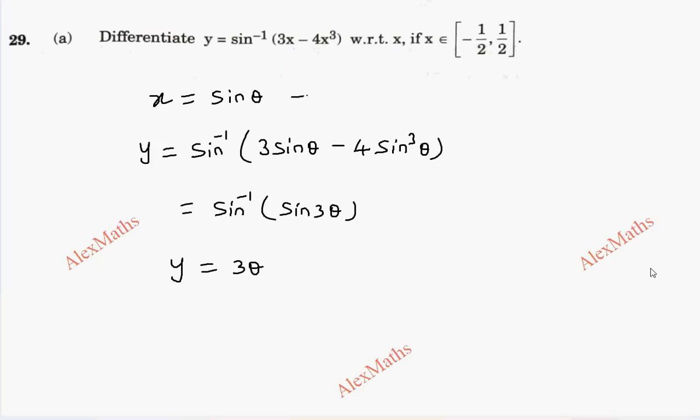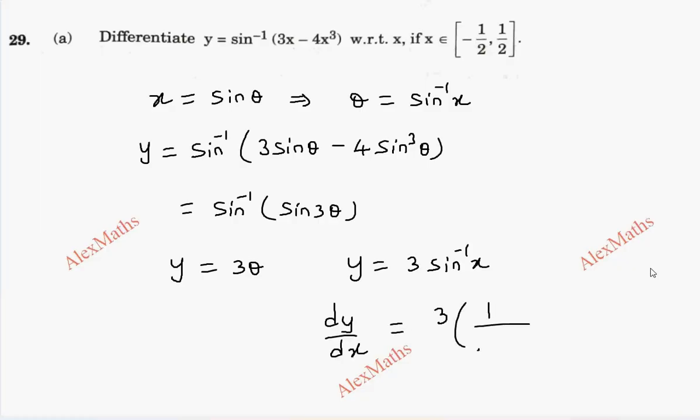And from this we are going to replace theta, which is sine inverse x. So we have y equal to 3 sine inverse x. So its differentiation with respect to x, dy by dx, is 3 into 1 by root 1 minus x square, which is 3 by root 1 minus x square.